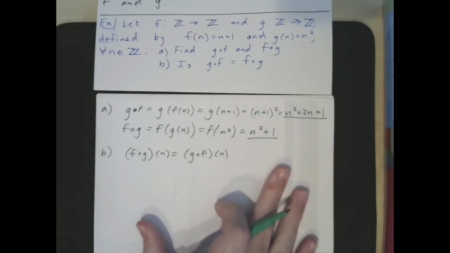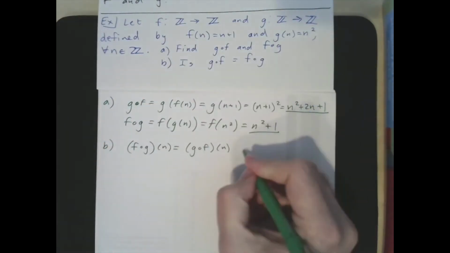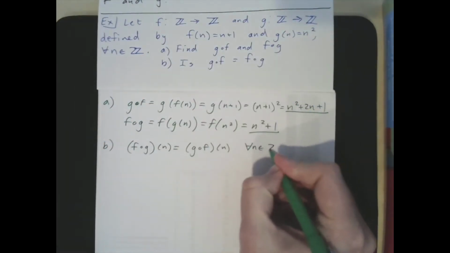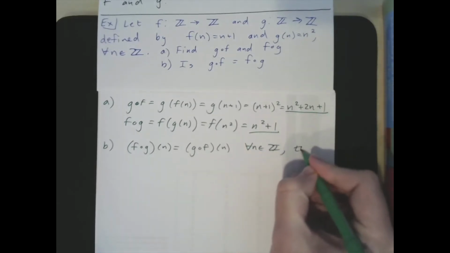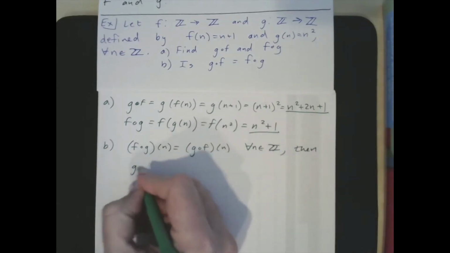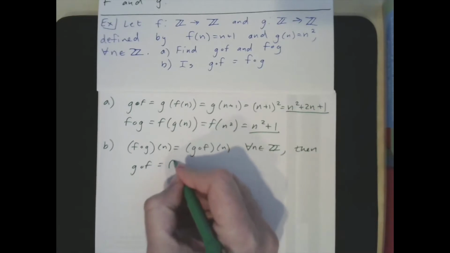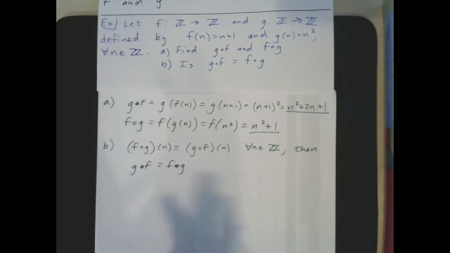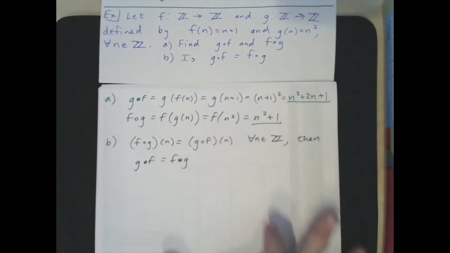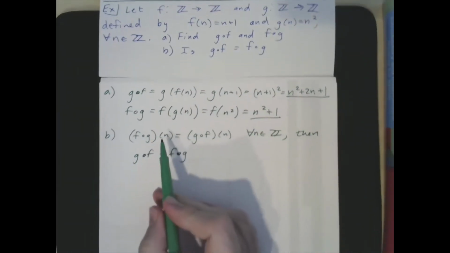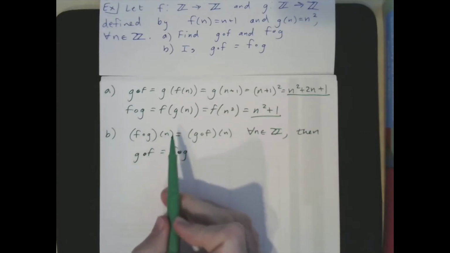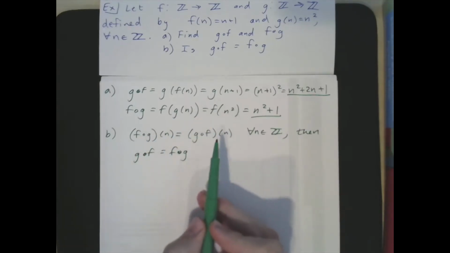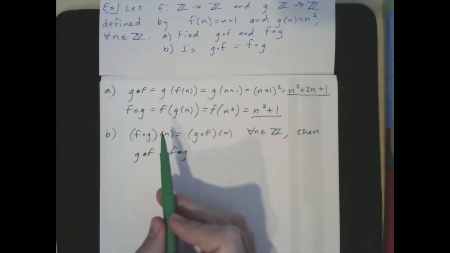So if these are equal for all n in Z, then g circle f equals f circle g. But we need all of their codomain values to be the same for the inputs.